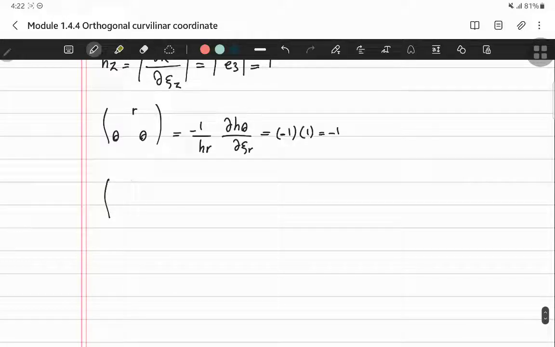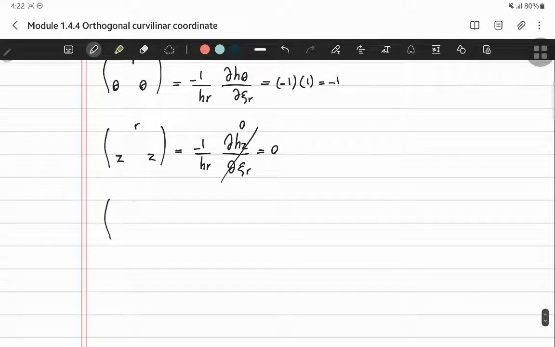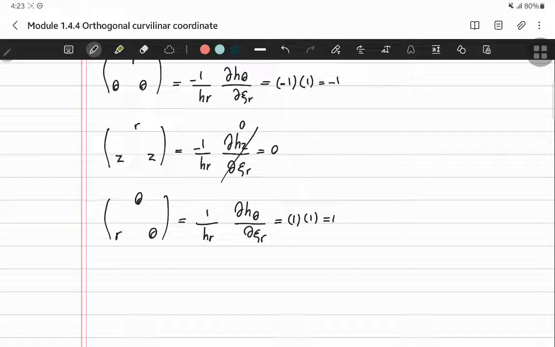You also have gamma r z z, which is equal to minus 1 over h r, partial derivative of h z with respect to z r, which is 0, so this becomes 0. And then finally you have gamma theta r theta, for example. So this is 1 over h r, which is 1, partial derivative of h theta with respect to z r, which is 1. So it is 1 times 1, it is 1.